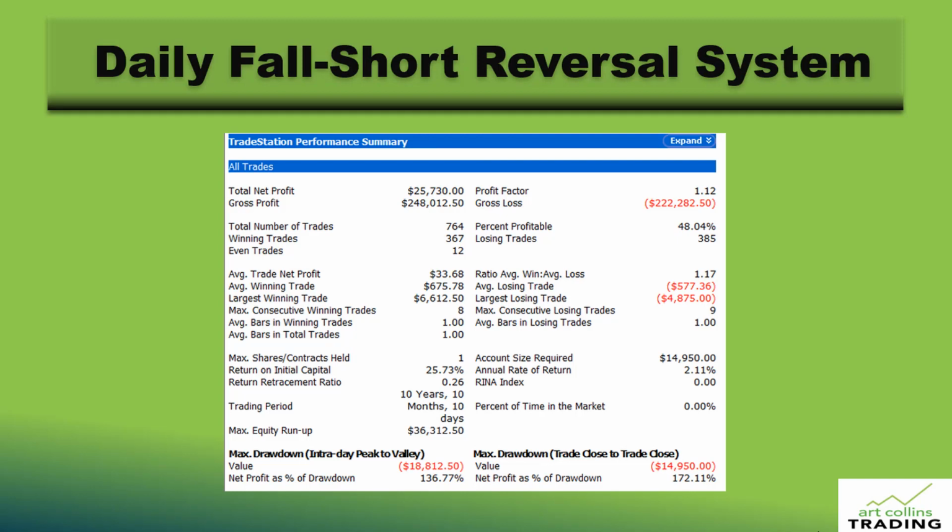So you get some interesting numbers, at least one number that means you're going to need to work on this a little bit. But since the start of 2010 through January 25th, 2021, $25,000 profit on 764 trades, 48% accurate. $33 average trade, that's nice, even if you take off what you should be taking off for slippage and commission.